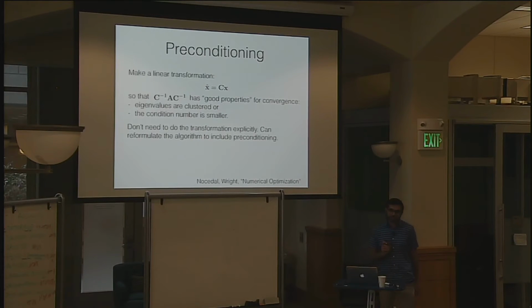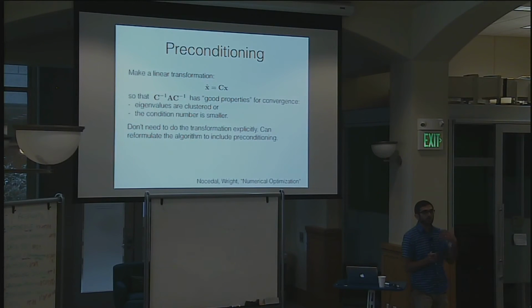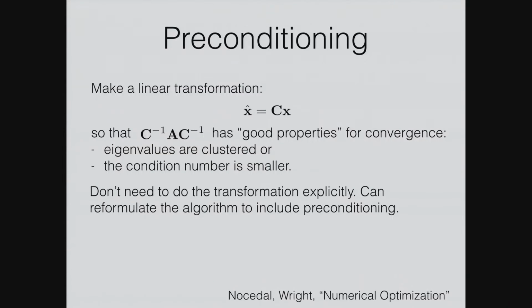And the good thing is that you don't actually have to do this transformation explicitly. You can just modify your algorithm slightly to also include this preconditioner. So here is the preconditioned algorithm. I'm not going to go into more details about how to precondition. I'll just say that all those properties that I mentioned before, these are the things that you're trying to achieve with preconditioning.